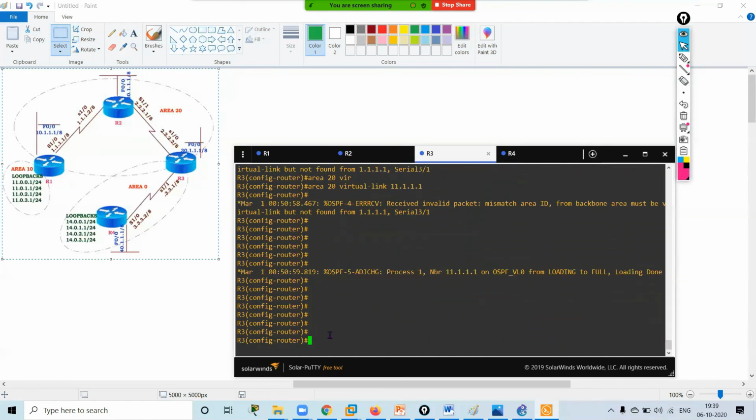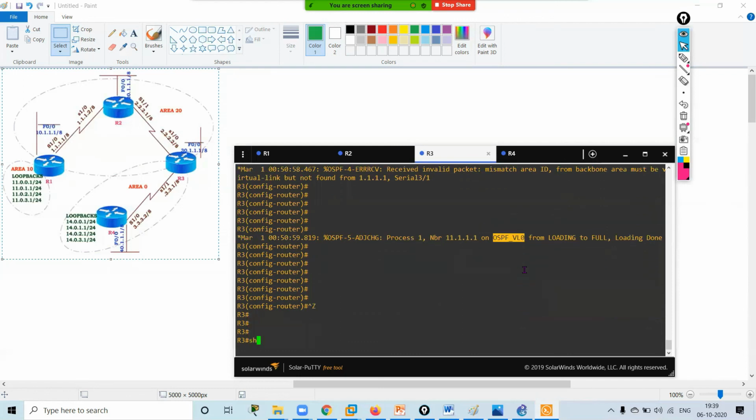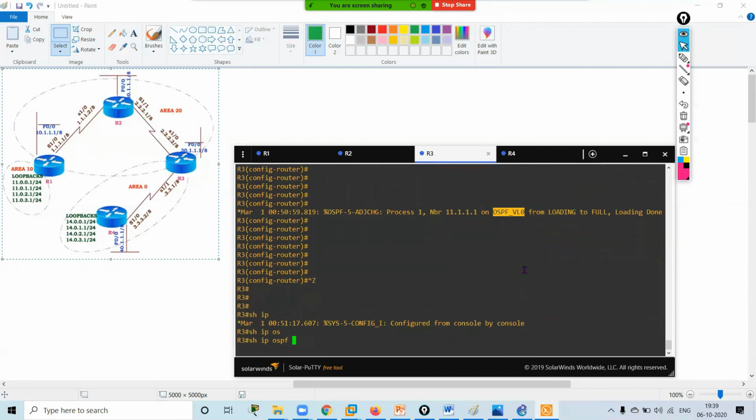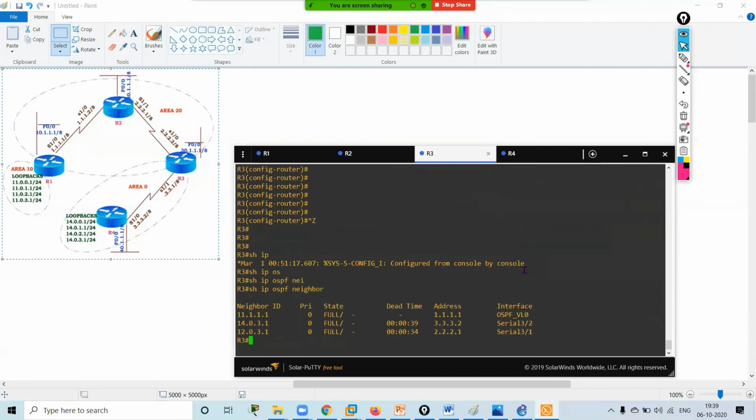See, I got a syslog message over here. OSPF process adjacency up with neighbor 11.1.1.1 over OSPF virtual link 0. The state is full. If I see the neighborship over here, show ip ospf neighbor, I will have 3 neighbors now: 14 dot, 12 dot and 11 dot, with the virtual link interface.